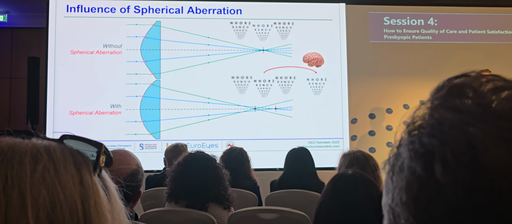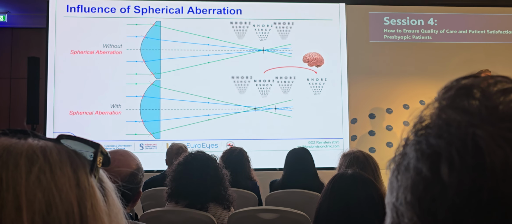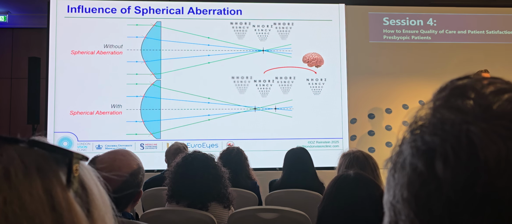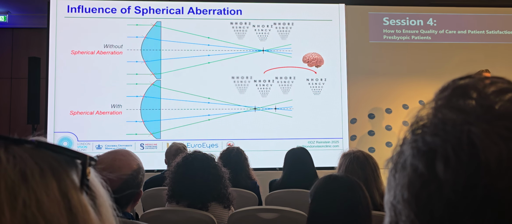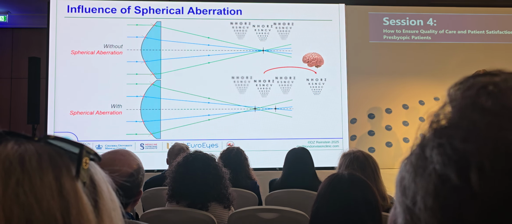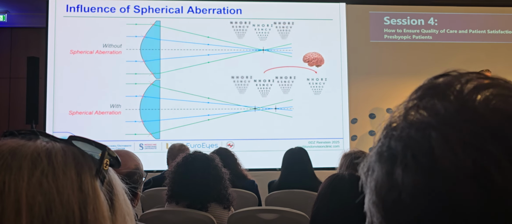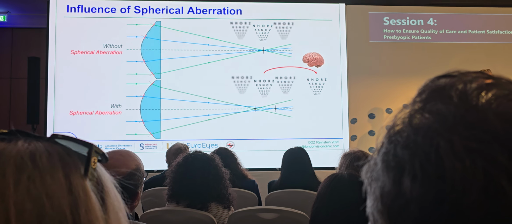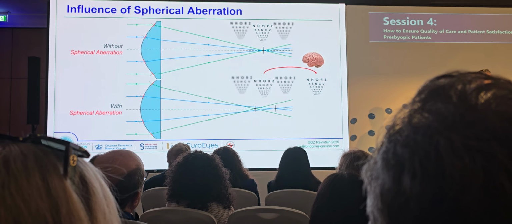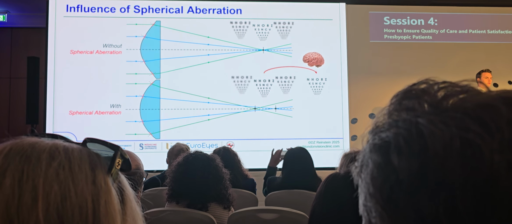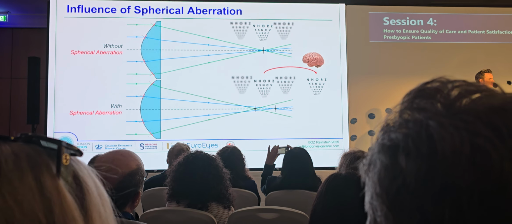In the eye with spherical aberration, the central vision, so the point at the distance of the object you're looking at, may be slightly less than in the eye without spherical aberration, but the objects slightly further away and slightly closer are similarly in focus. So that's what we mean by depth of field. There's in-focus objects over a larger range of distances.